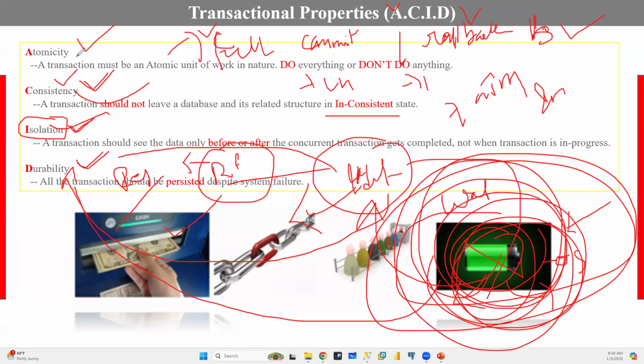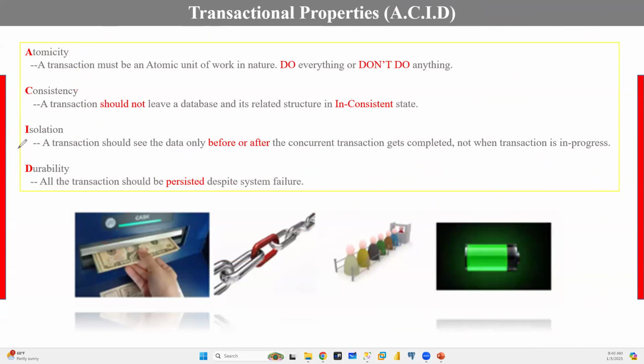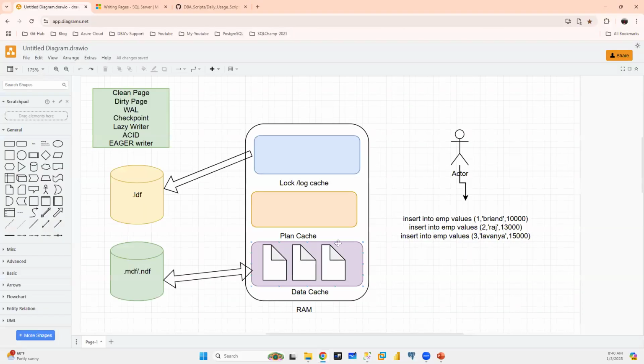Almost the theoretical part has been done for today. You won't feel that hectic once we start installing SQL Server.